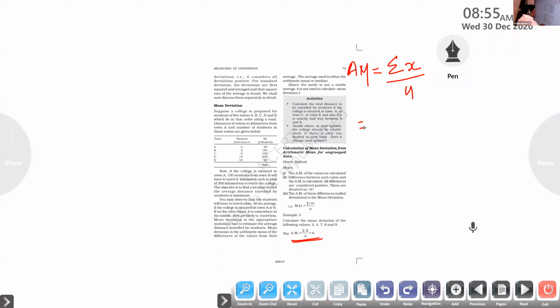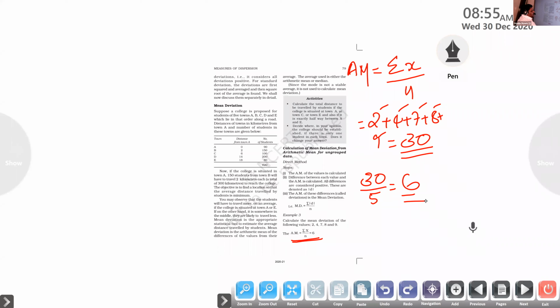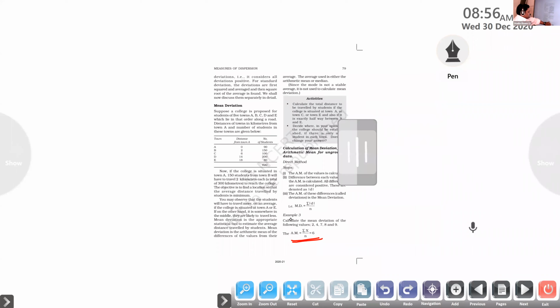So what is sigma x here? 2 plus 4 plus 7 plus 8 plus 9. 6 plus 7, 13 plus 8, 21 plus 9, it is 30, right? Observations, how many are there? 1, 2, 3, 4, 5. So 30 divided by 5, right? So AM is 6 here.